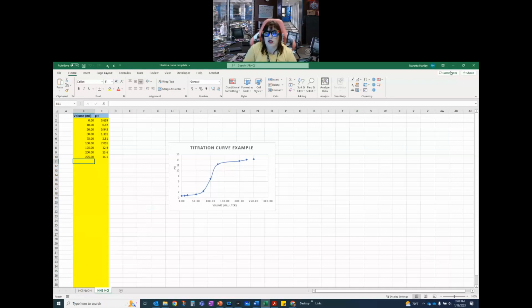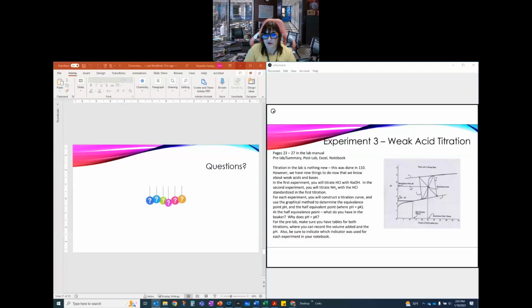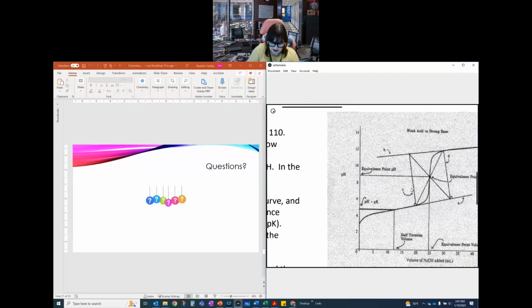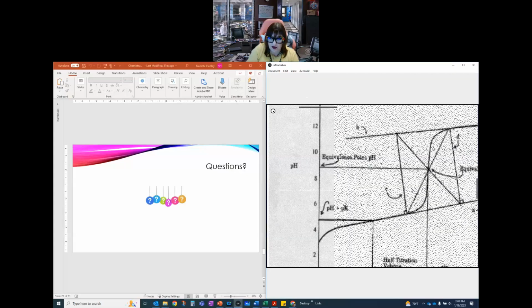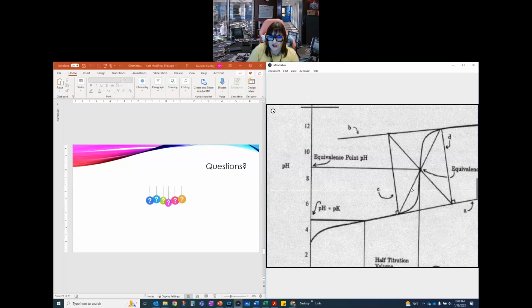The graphs are going to be absolutely necessary for you because of what you're expected to do with them. This is from the lab manual. They call it the box method. And so they want you to draw lines across where it's flat here.